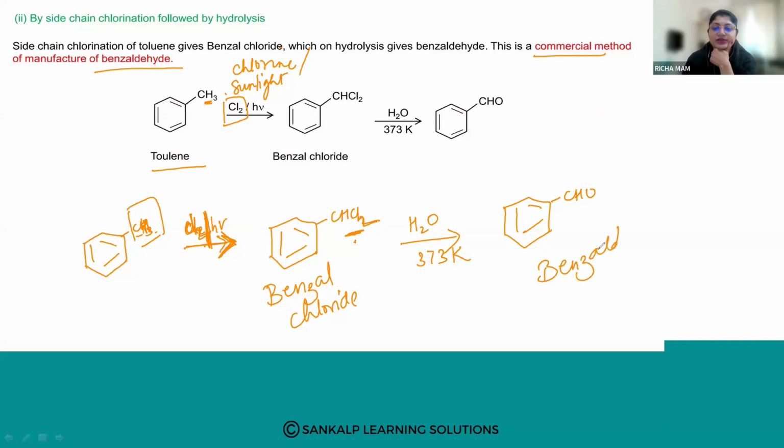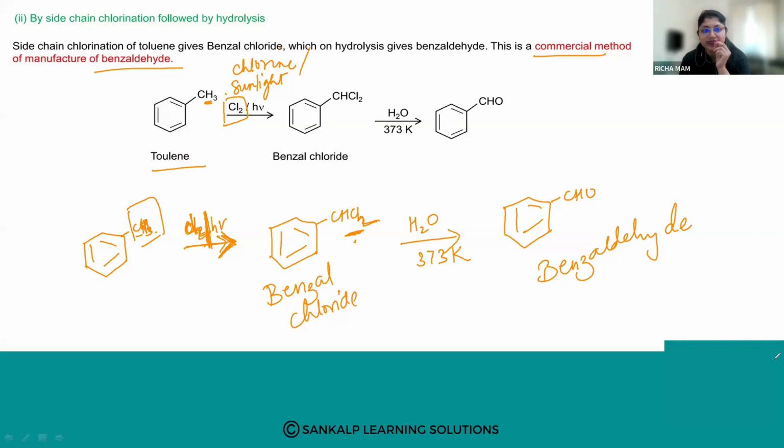So this is another method from which we can get our benzaldehyde. From hydrocarbons, we have seen 3 reactions. One was the Etard reaction, where we treat toluene with chromyl chloride and get benzaldehyde. Second was with chromic acid: toluene, when we react with chromic acid in the presence of acetic anhydride, gives benzylidene diacetate, and on further hydrolysis gives benzaldehyde.